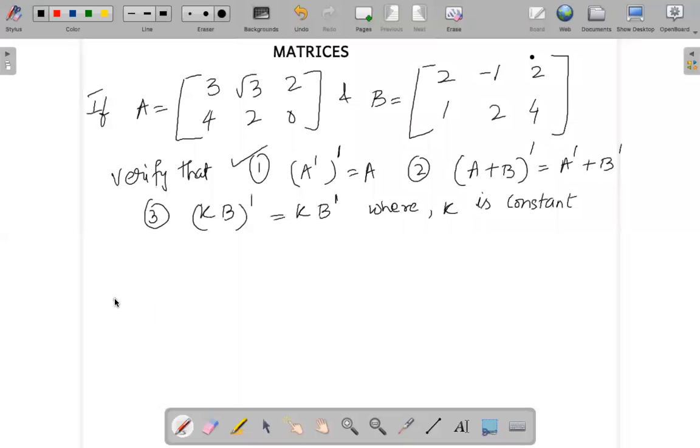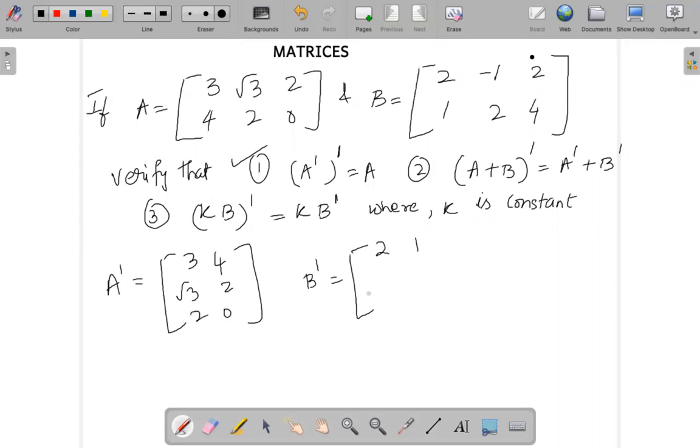So let us find what is A prime. A prime will be 3, 4, root 3, root 3, 2, 2, and 2, 0. And B prime will be 2, 2, 1, 1, minus 1, 1, 2, 2, and 4.